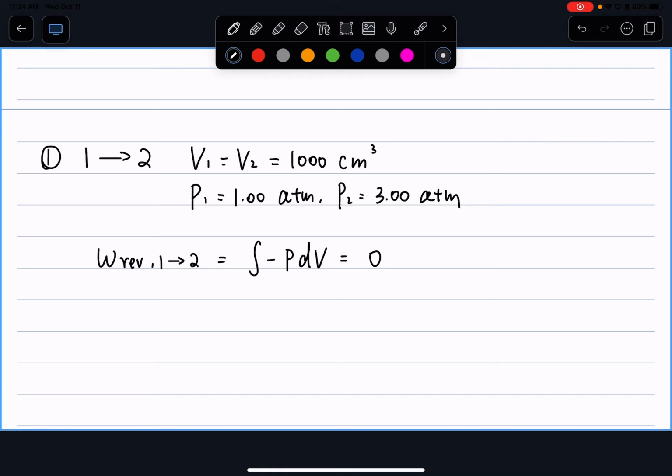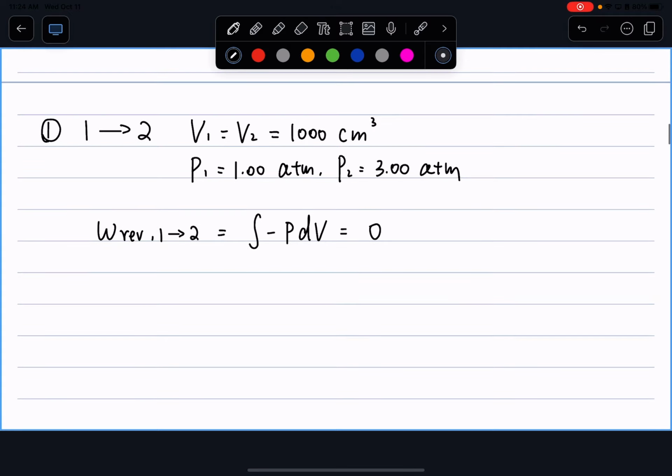All right. You can also calculate your heat, Q 1 to 2. By definition, you get that by taking the integral of CV dT from T1 to T2.